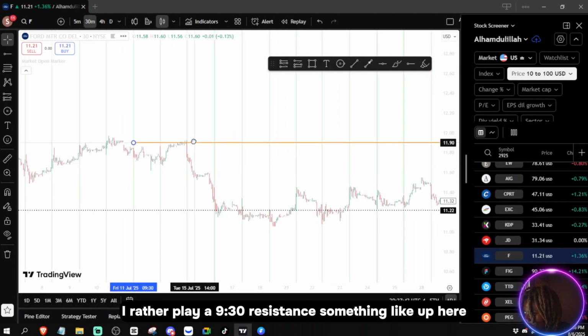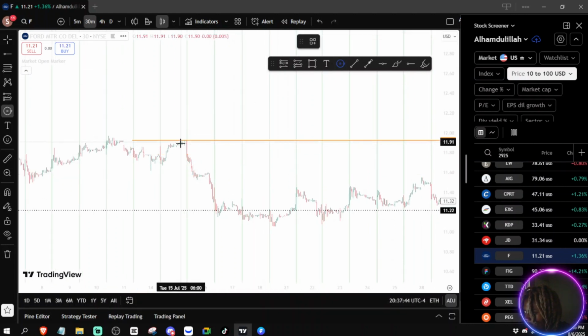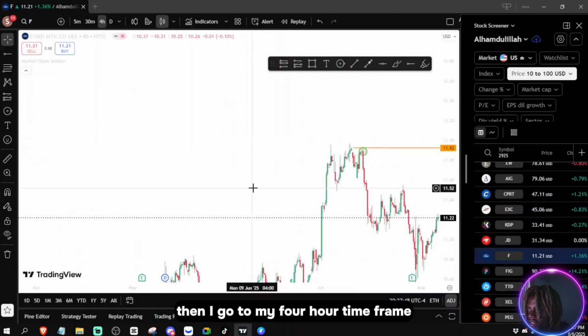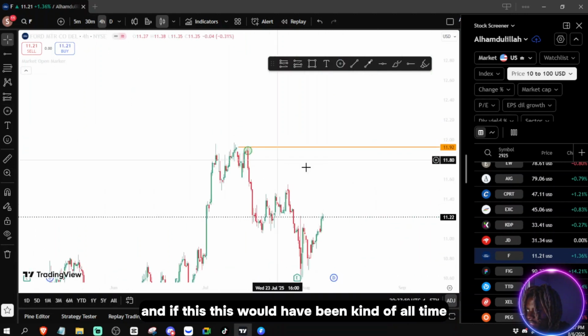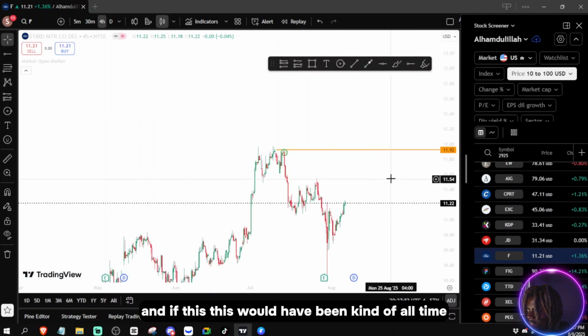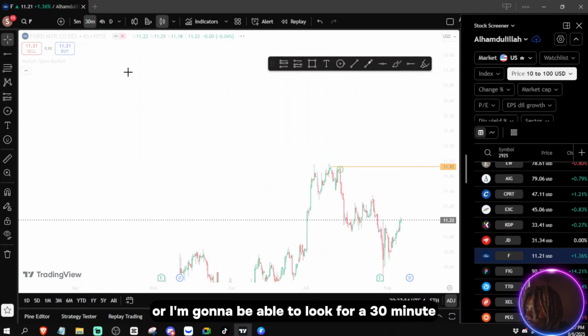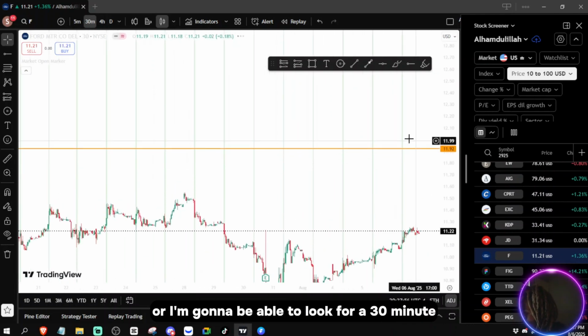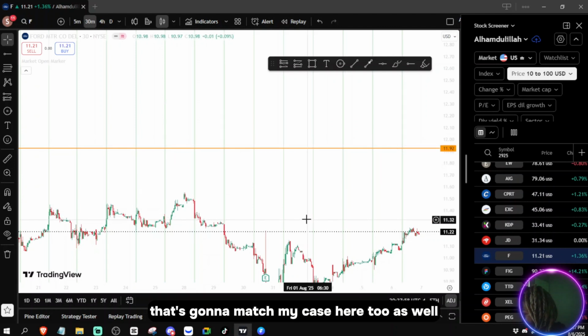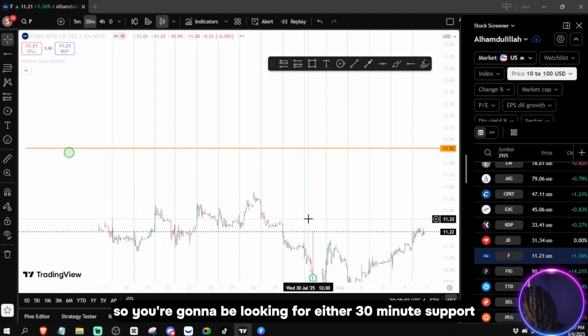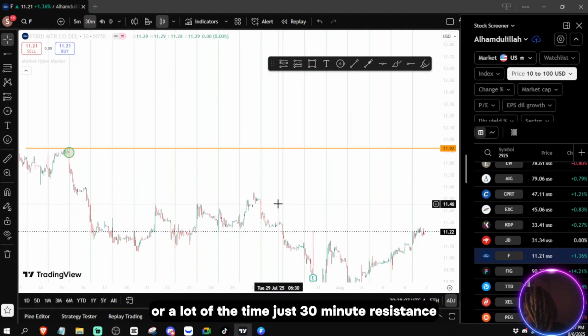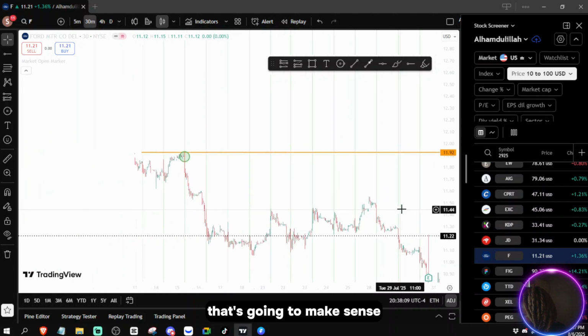I'd rather play a 930 resistance, something like up here. And then I can go to my 4-hour time frame. And if this would have been an all-time highs breakout here, I'm going to be able to look for a 30-minute support entry that's going to match my case here too. So you're going to be looking for either 30-minute support or, a lot of the times, just 30-minute resistance that's going to make sense.